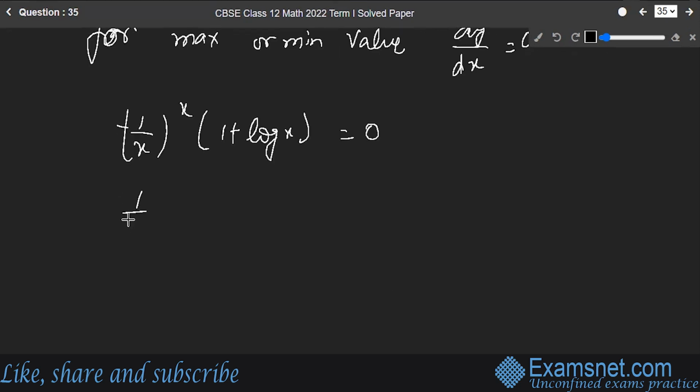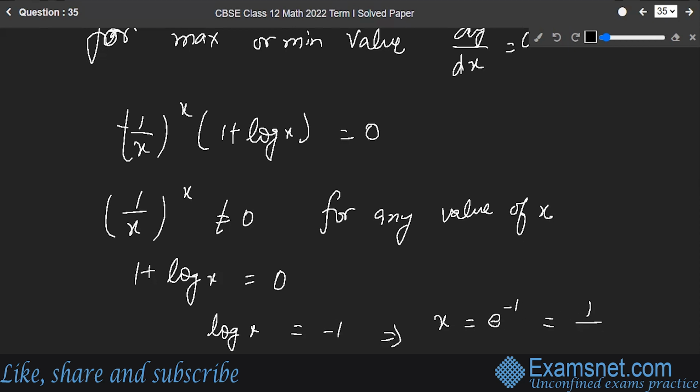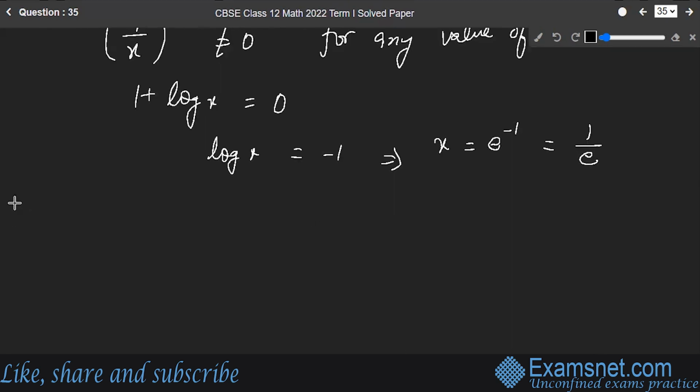However, (1/x)^x cannot be equal to 0 for any value of x, right? This cannot surely be equal to 0 because x cannot be 0, and for any other value, this cannot evaluate to be 0. That means 1 plus log of x is surely equal to 0, or log of x is equal to minus 1, which gives you x is equal to e raised to power minus 1, or that is equal to 1 by e.